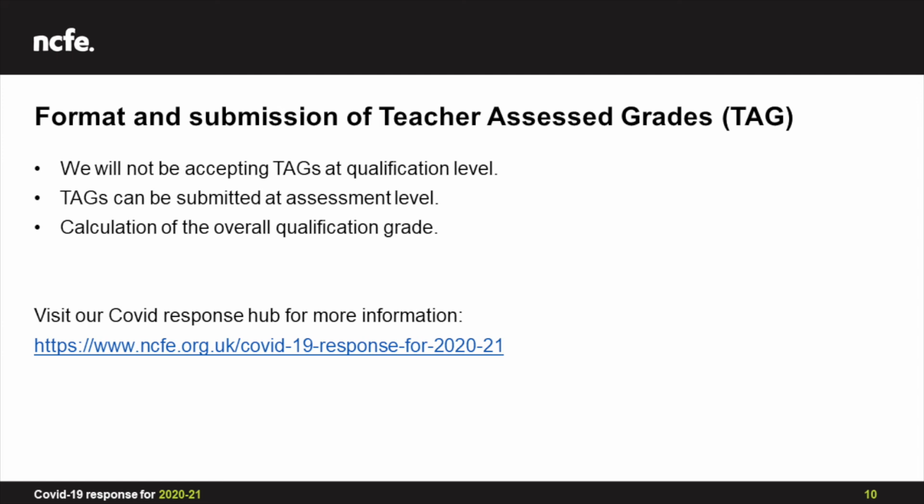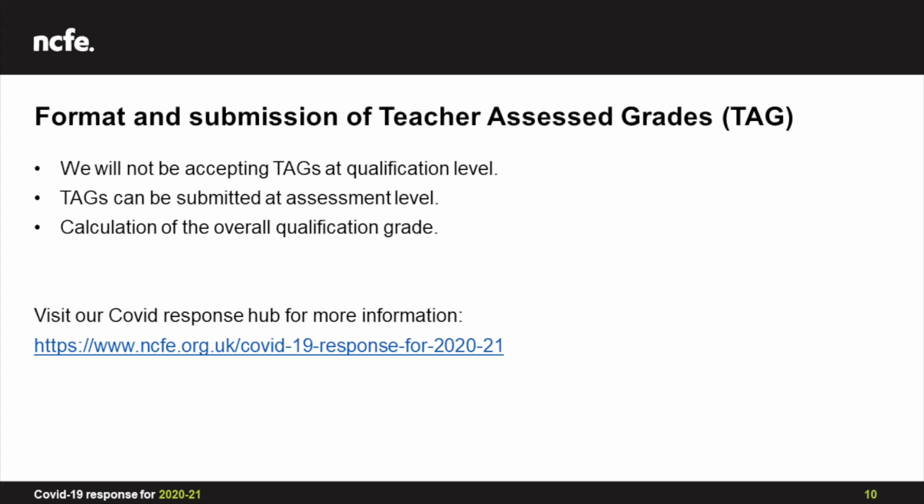For NCFE qualifications that are in scope of the alternative awarding process, teacher assessed grades can be submitted at unit or component assessment level. Submitting teacher assessed grades at assessment or unit component level will enable our normal qualification aggregation to be used for the calculation of the overall qualification grade.